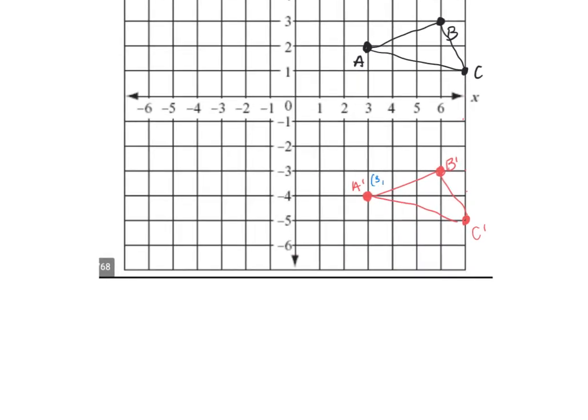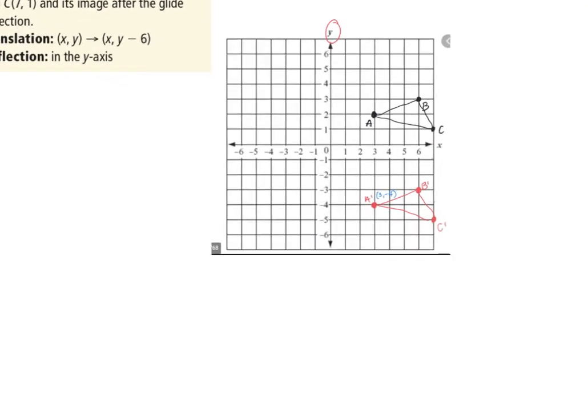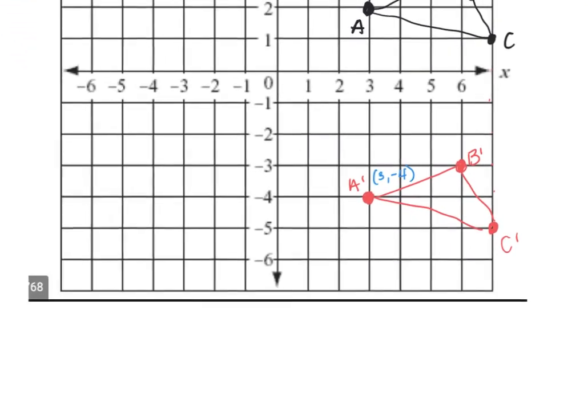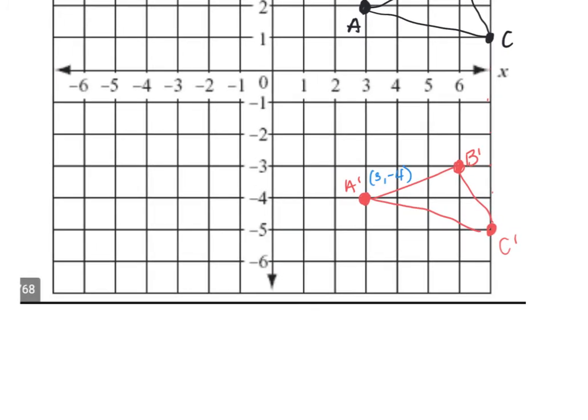We moved over 3 and then down 4, so 3, negative 4. Remember, if we're flipping over the y-axis, your x coordinate is going to be made negative, okay? So this is actually going to be negative 3, negative 4. So it's going to be right here. This is going to be your A double prime.